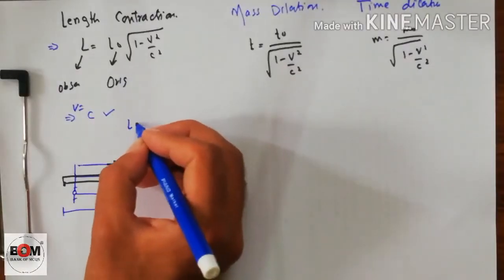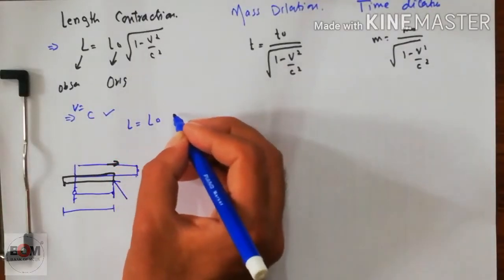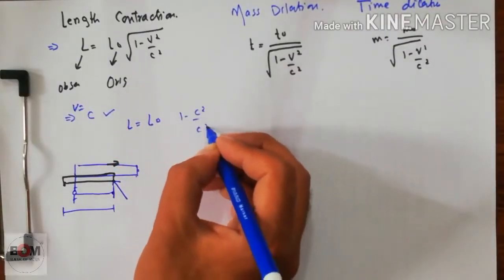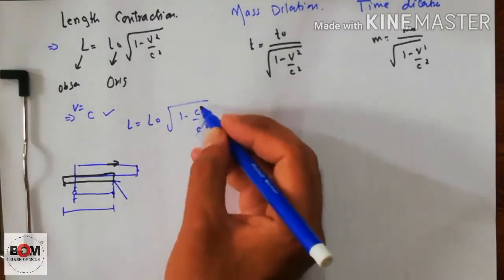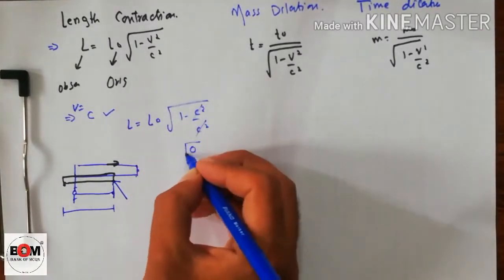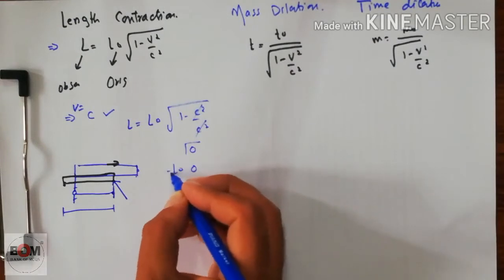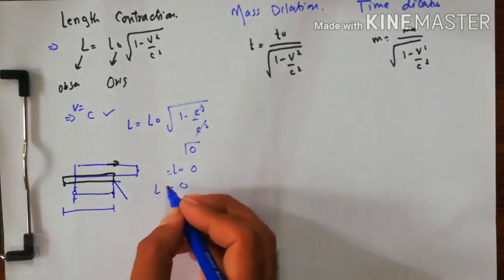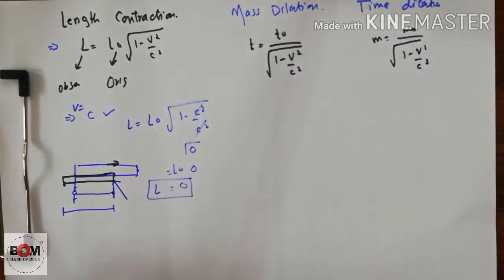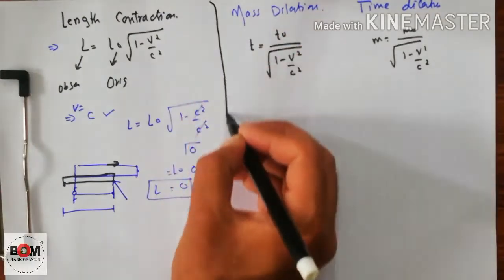Putting it in this equation, we will get L is equal to L naught under the root of 1 minus c square divided by c square. C square cancels with c square, 1 minus 1 is equal to 0, under root 0 is equal to 0, 0 into L naught is equal to 0. So its length will be equal to 0. If body starts moving with the speed of light, you will see nothing, and its length will be contracted into 0.